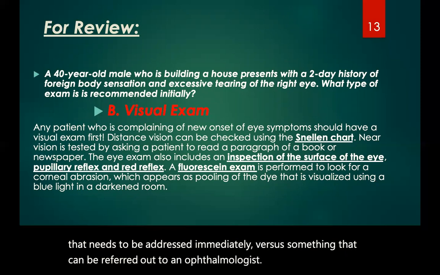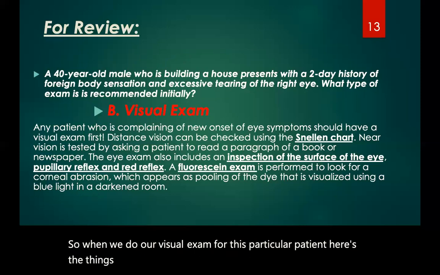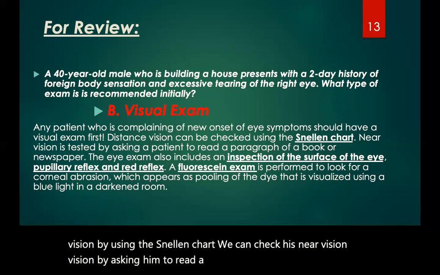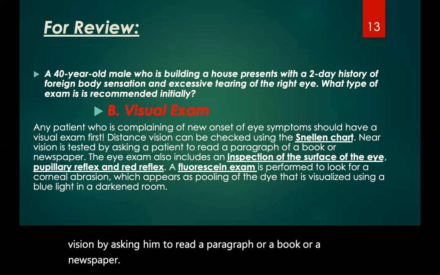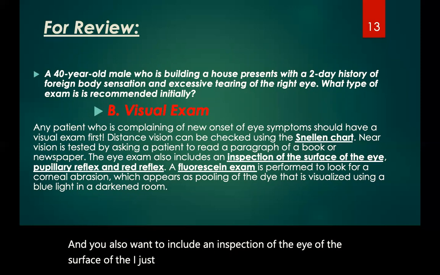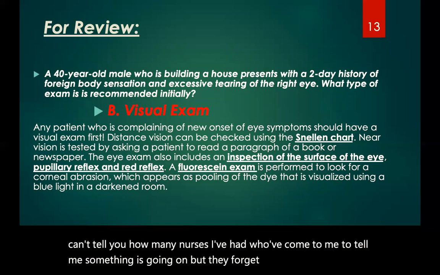So when we do our visual exam for this particular patient, here's the things we're going to be looking at. We can check his distance vision by using the Snellen chart. We can check his near vision by asking him to read a paragraph or a book or a newspaper. And you also want to include an inspection of the surface of the eye. Just look to see if there's anything in there, right? I can't tell you how many nurses I've had who've come to me to tell me something is going on, but they forget the basic thing of just looking.